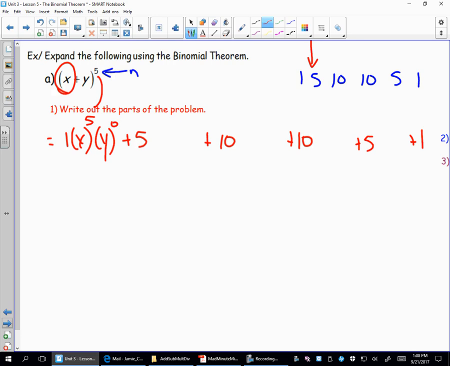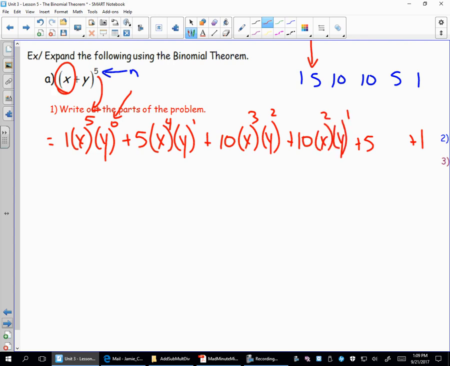So the first one always starts at n, the second one always starts at 0. And then we go down with the first and up with the second, and so on. Down with the first, up with the second. That's stage 1.